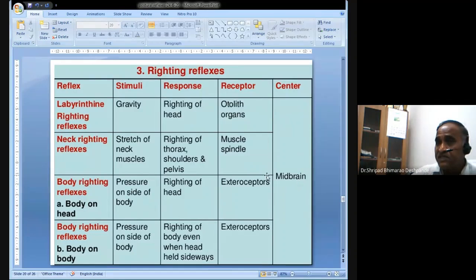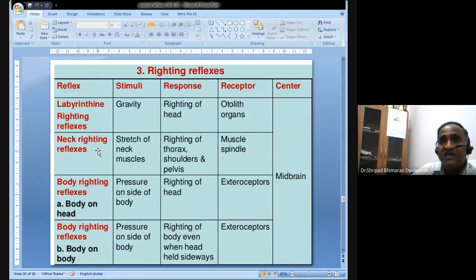The center for this is in the midbrain, at the collicular or tectum level, wherein they try to maintain the visual, auditory, and other proprioceptive inputs. They are all clubbed here. It's in the midbrain.